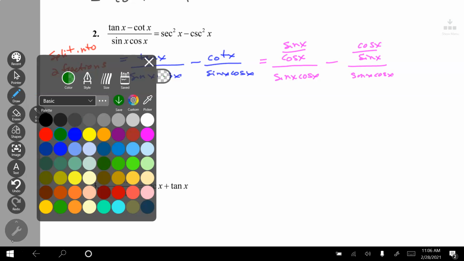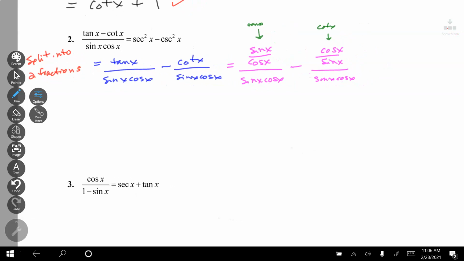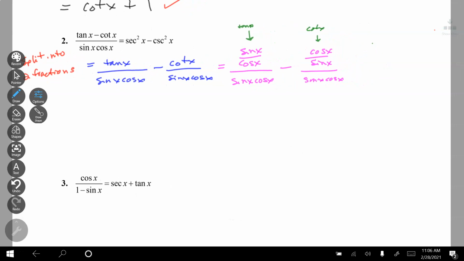As you see, this was tangent, and this was cotangent, and I rewrote both of them, and I have a fraction inside of a fraction. So instead of dividing by sine of x cosine of x, which is what I have here on the bottom, I'm going to multiply by the reciprocal, 1 over sine of x cosine of x.